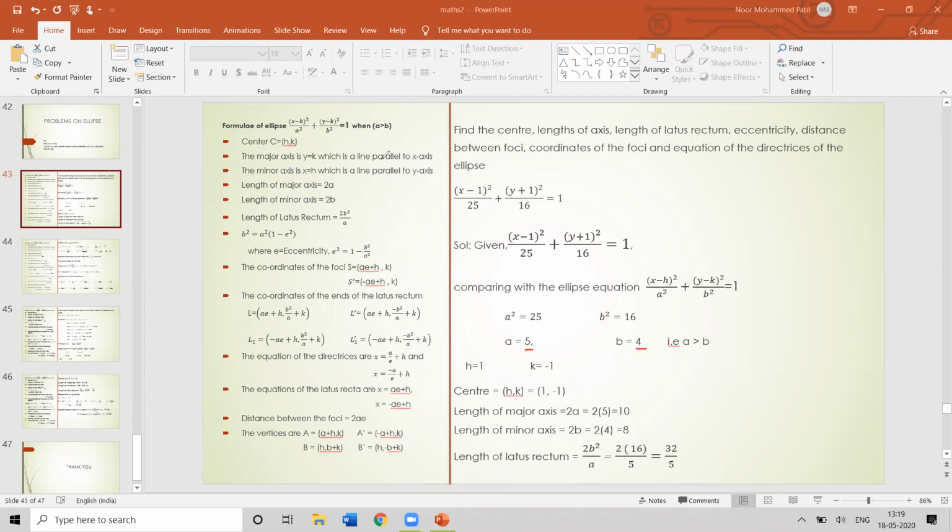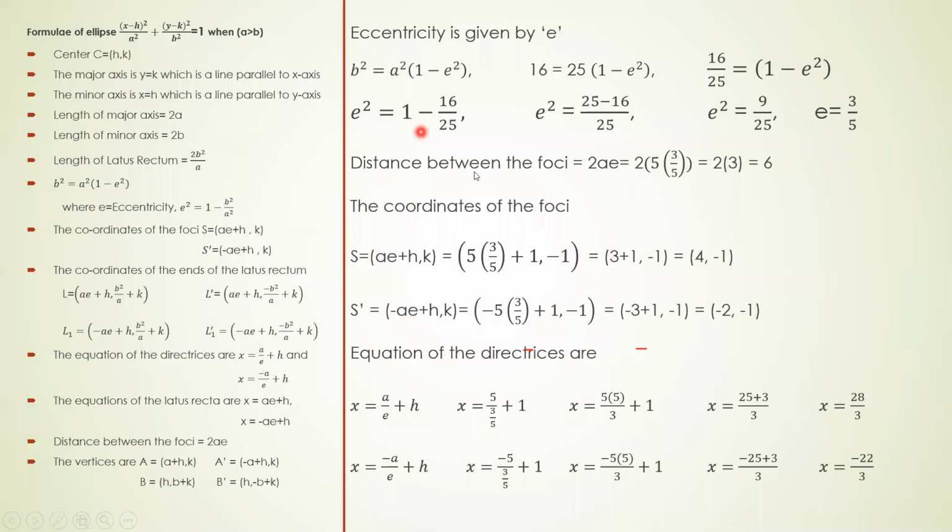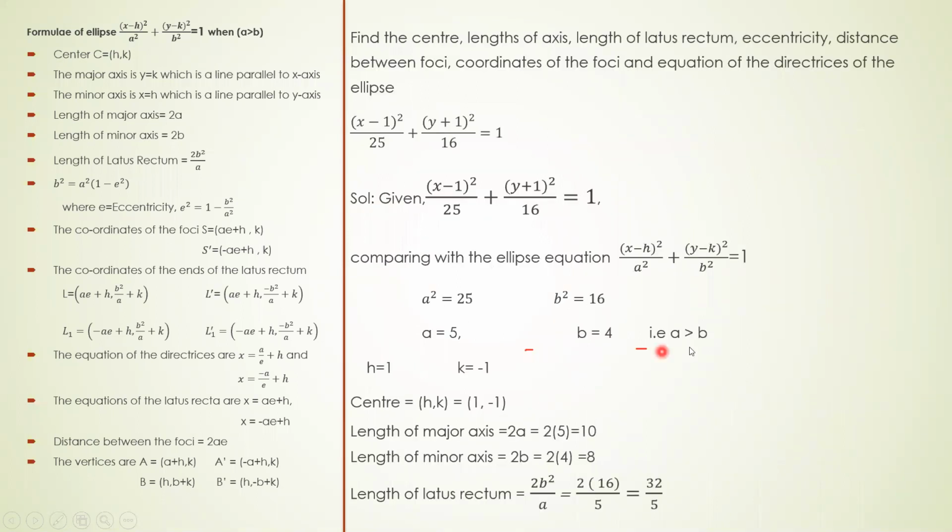Now when a value is greater than b value, we can apply these formulas, that is (x minus h) whole square divided by a square plus (y minus k) whole square divided by b square is equal to 1.